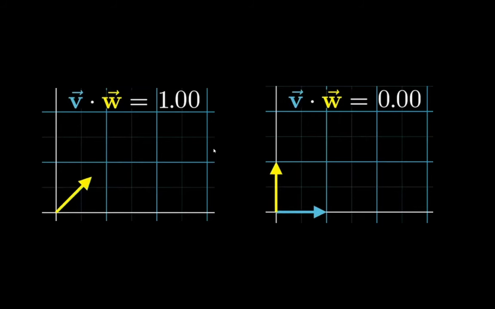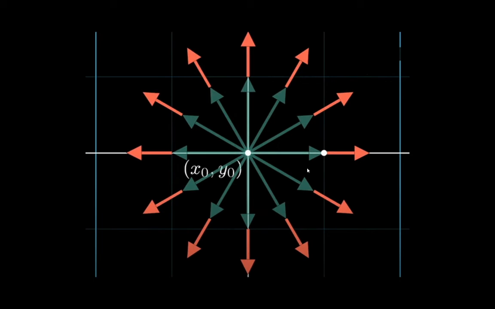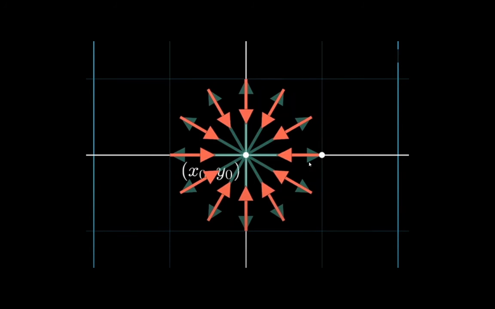So again, the dot product gives you a measure of how aligned two vectors are. The way that fits into this is that the dot product of your step vector, the blue one, with that difference vector, the red one, tends to be positive in regions where the divergence is positive, and vice versa, negative in regions where the divergence is negative.